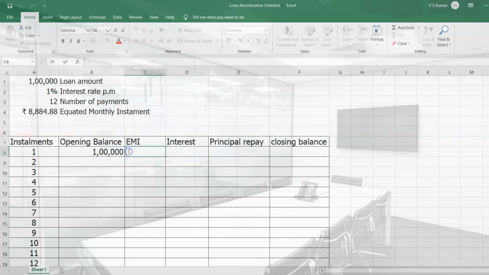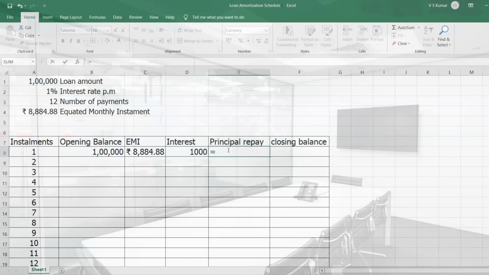and EMI is what we have calculated here, and interest is on 1 lakh at the rate of 1%, and this interest rate should remain constant. But the opening balance will vary, while the interest rate will remain constant.